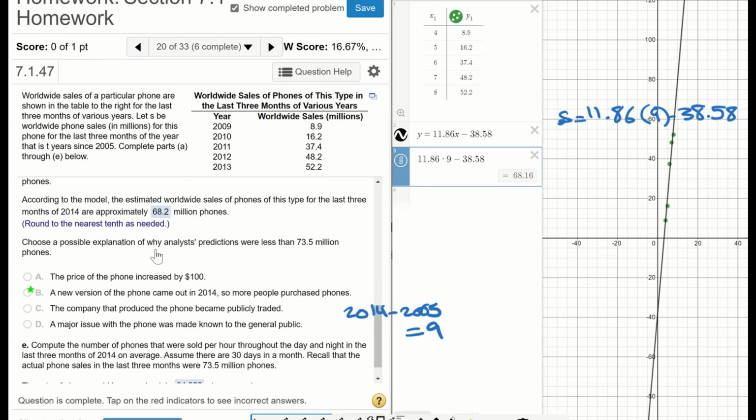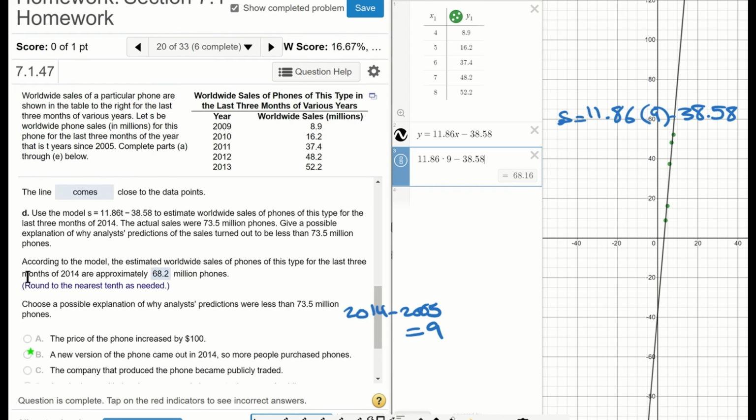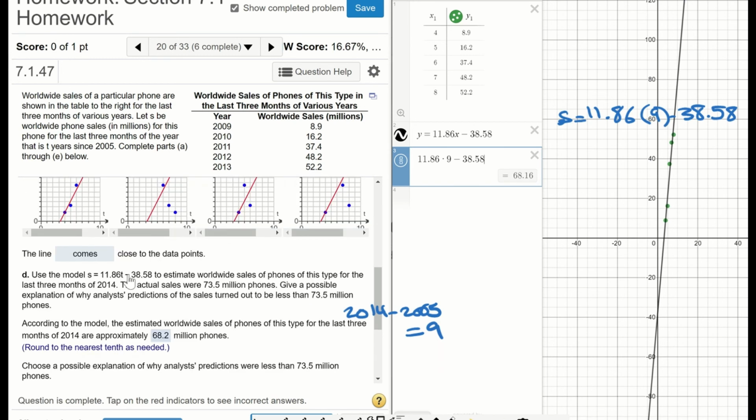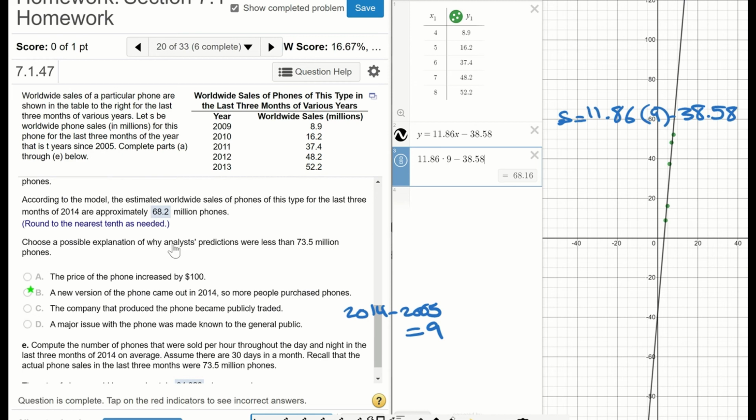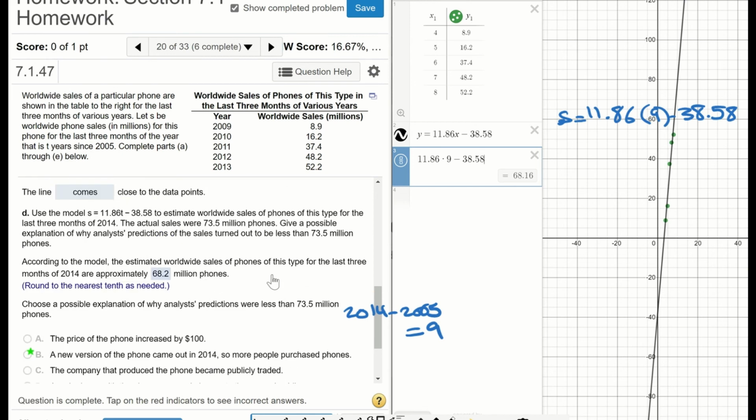Choose a possible explanation for why. Let's see. According to the model, the estimated sales of phones will be this much, but the actual sales were 73.5 million, right? So why do you think that the model broke down here? Because there's a pretty big difference between 68.2 million and 73.5 million, right?